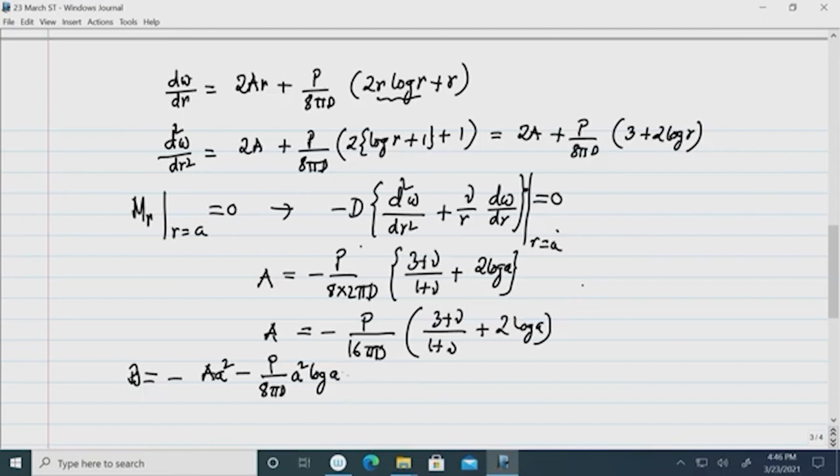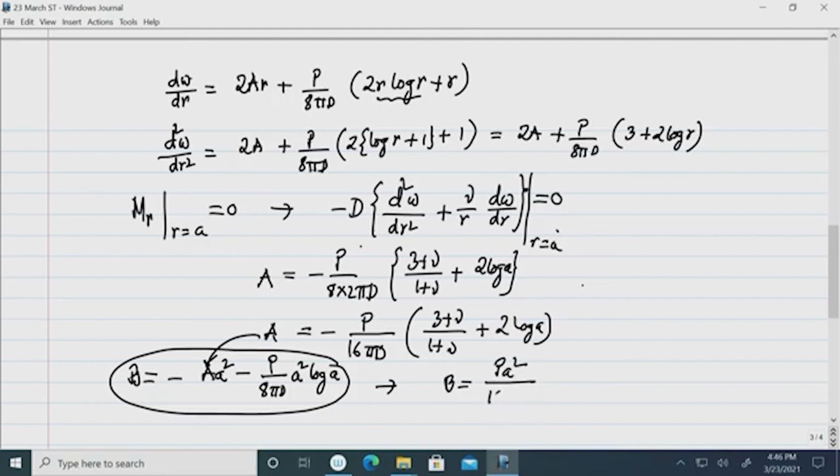That means deflection is equated to 0 at the boundary and we get this expression. After substituting A, we get after simplification B as P a square by 16 pi D, 3 plus mu, 1 plus mu. Okay. So, A and B, two constants are known for this simply supported plate.